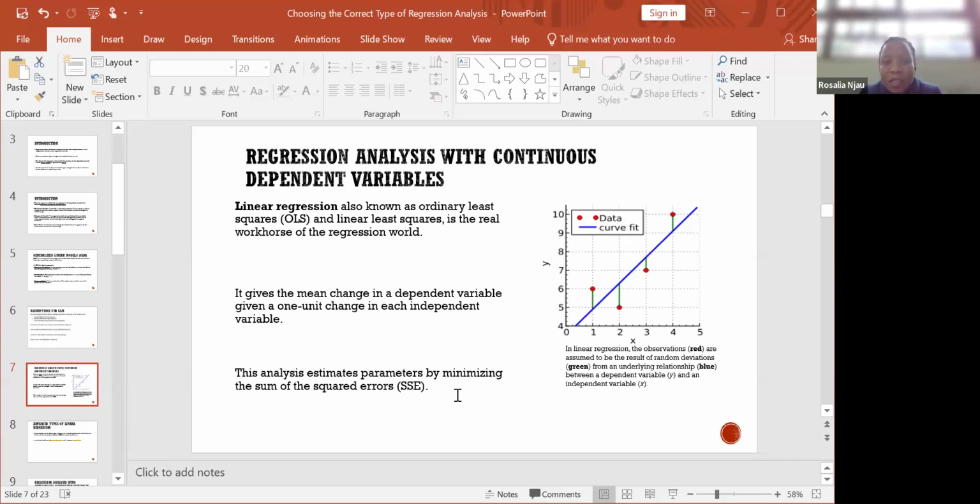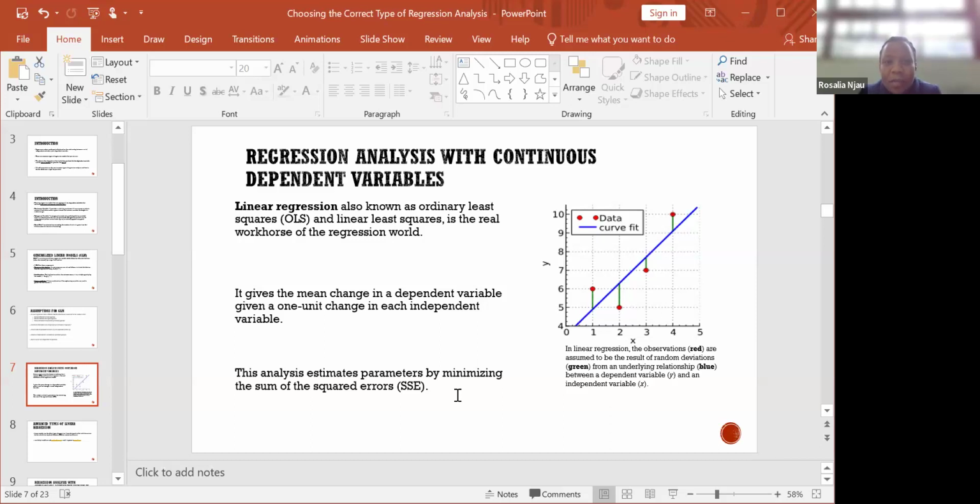This is the real workhorse of the regression world, because I think it's the one that started. There were no other models before it. Right now we even have machine learning models. There are so many models right now, but this one was the first one. And it used ordinary least squares.